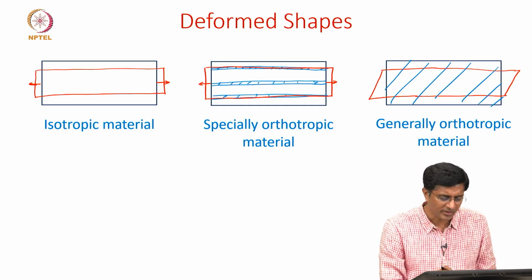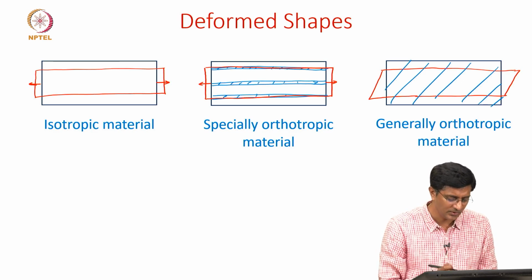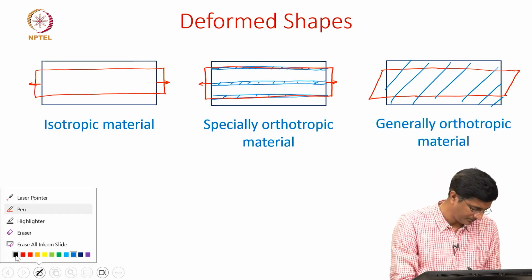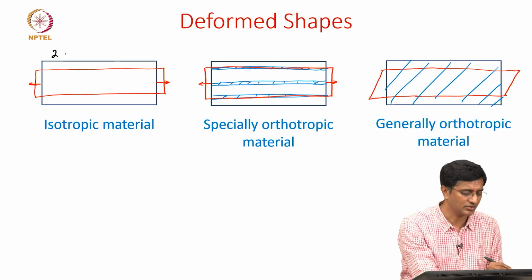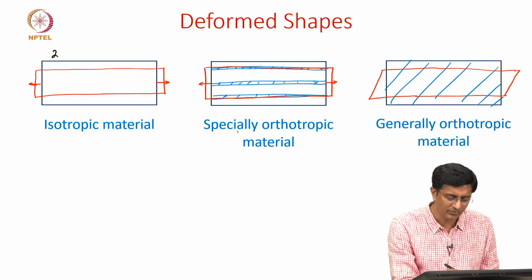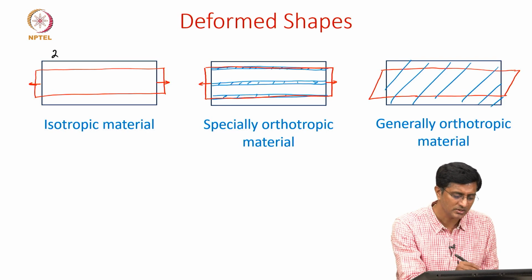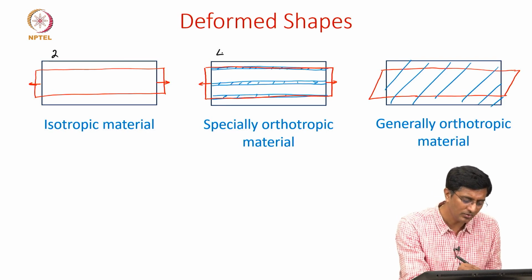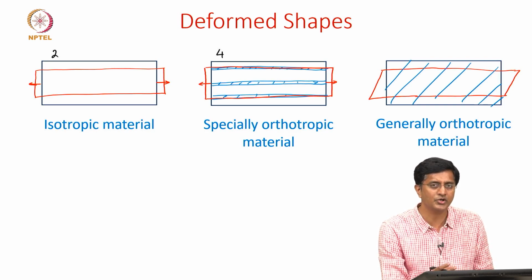So let's summarize the number of elastic constants we need for each of these materials. For isotropic materials, we know that we need two independent elastic constants. But for a specially orthotropic material, especially if we are looking at plane stress, we have shown that we only need four independent material properties. What are they? E1, E2, Poisson ratio, and the shear modulus.